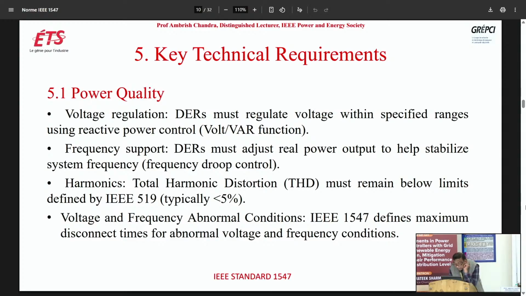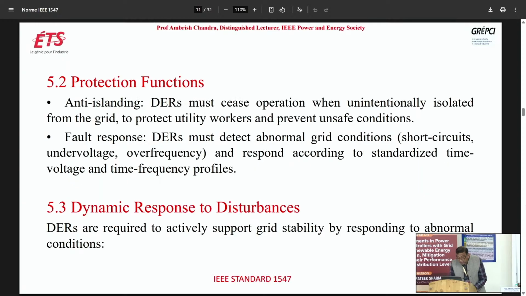Harmonics, total harmonic distortion, the IEEE 519 we have already discussed. Voltage and frequency abnormal conditions: IEEE 1547 defines maximum disconnect times for abnormal voltage and frequency conditions. Then you have protection function, then you have dynamic response to disturbances.